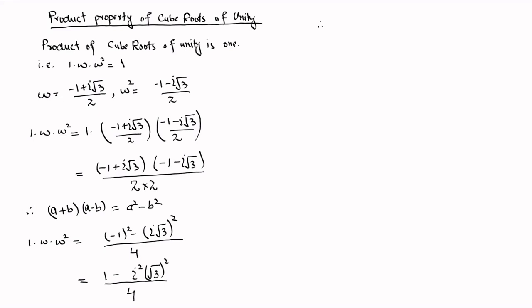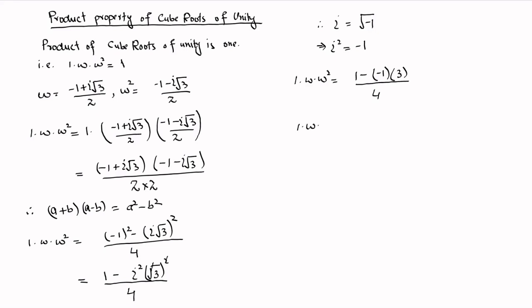As we know that iota is equal to square root of minus 1, so iota square will equal minus 1. So we can write that 1 dot omega square is equal to 1 minus, inserting the value minus 1 for iota square, and this square cancels out with the square root, so we are left with 3 divided by 4.